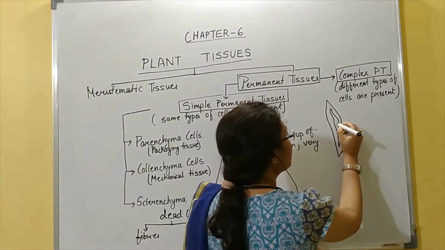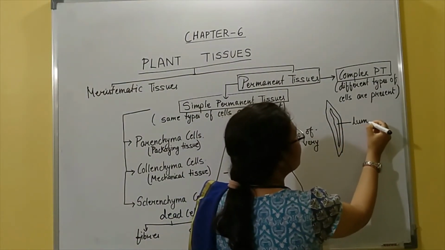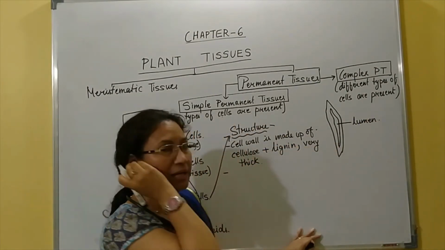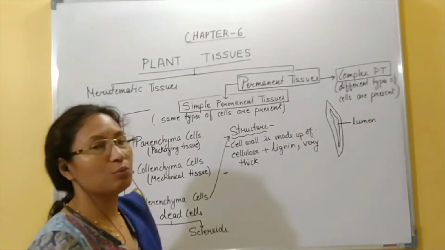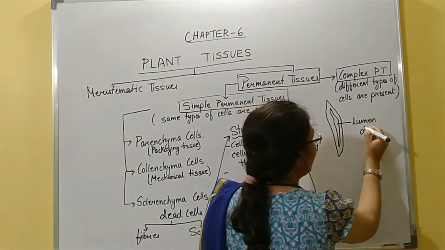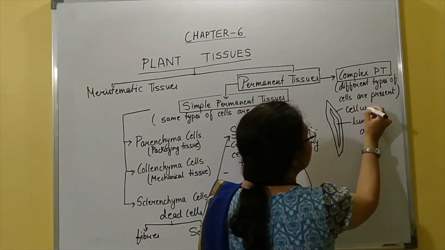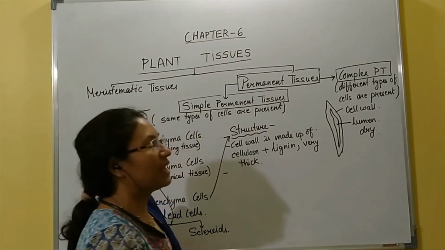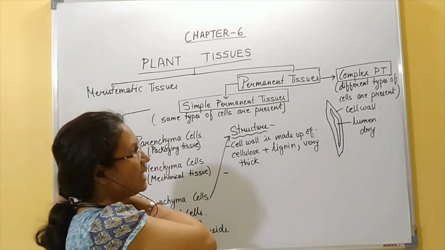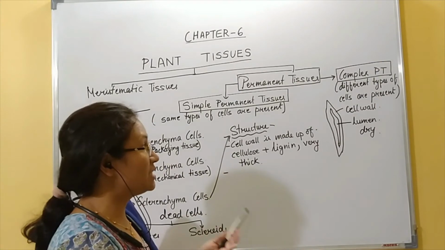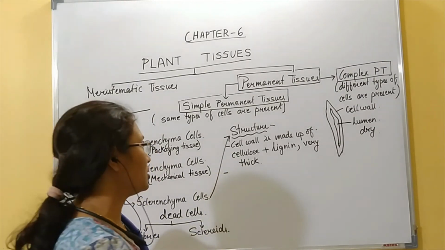So inside we call it the lumen, because no cytoplasm is there, and this lumen is almost dry. This cell wall is very thick and does not allow any air, oxygen, carbon dioxide or water to be exchanged.